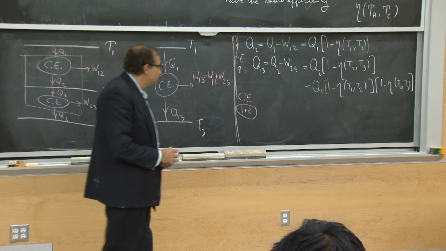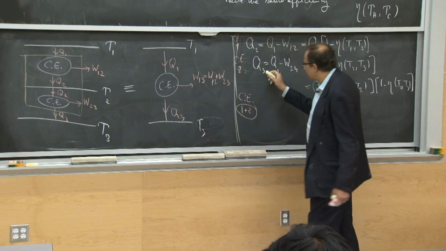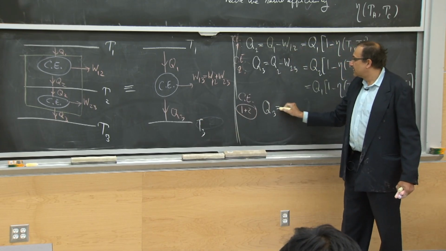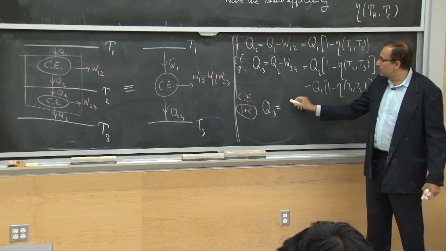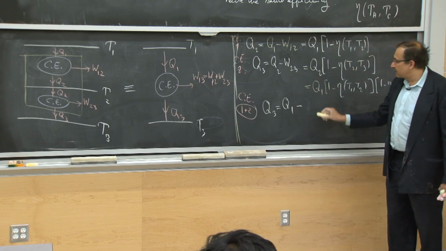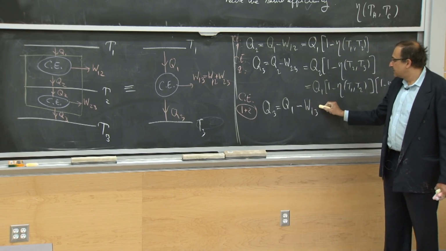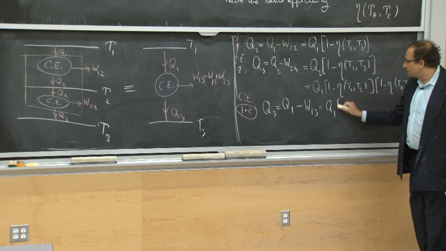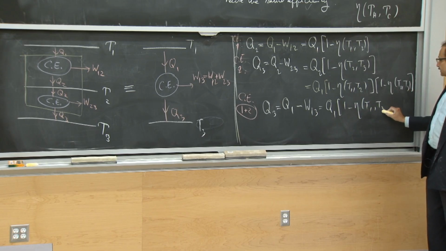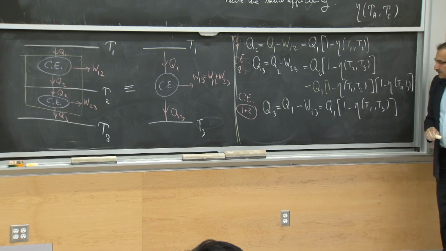And what that states, just writing the whole thing same way, is that this Q3 is the same as Q1 minus this amount of work W13, which is the same thing as Q1, 1 minus the efficiency between T1 and T3. Okay?